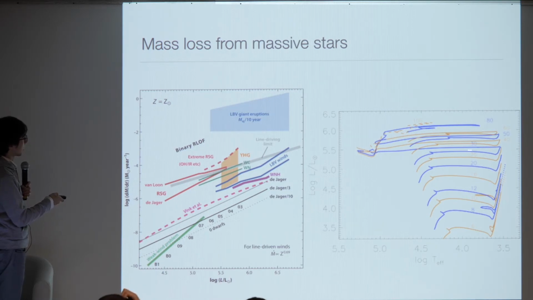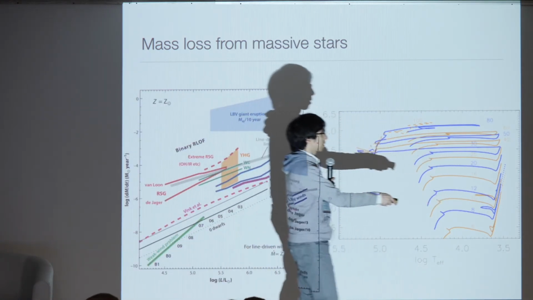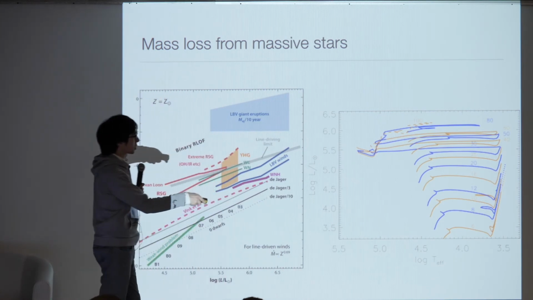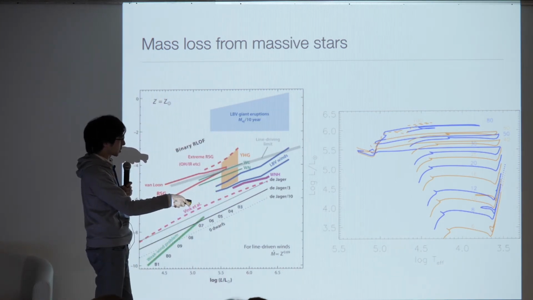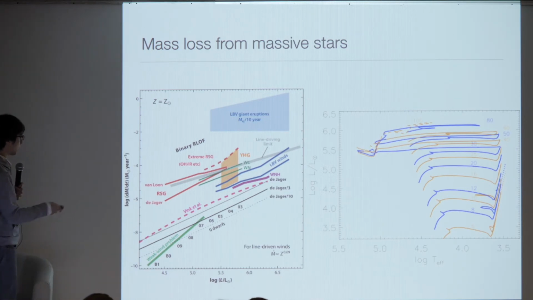But from around, let's say, this 30 solar mass star, it starts to do the same thing as the lower mass stars, but then it turns to this side. This side is much hotter in temperature, and as you can see from this equation, luminosity is not changing much, but temperature gets much higher, which means the radius is getting very small.